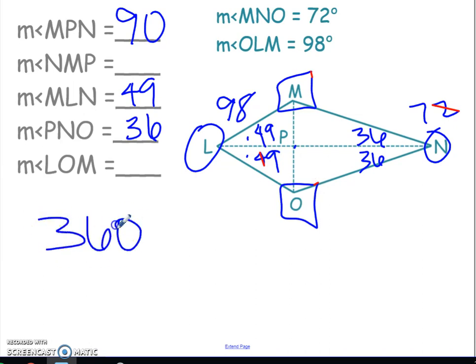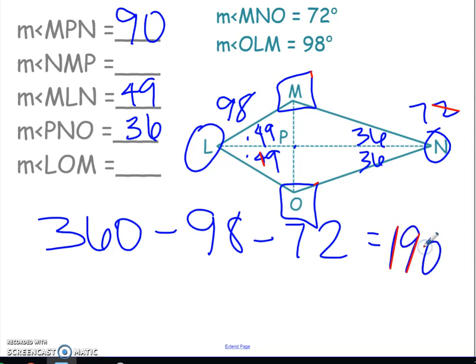So if I take 360 minus 98 minus 72, that gives me what I have left, which equals 190. And if I divide that by 2, by my two angles, then these are both 95. Actually, I didn't even have to do that, but that's okay. It's okay that we just know that.